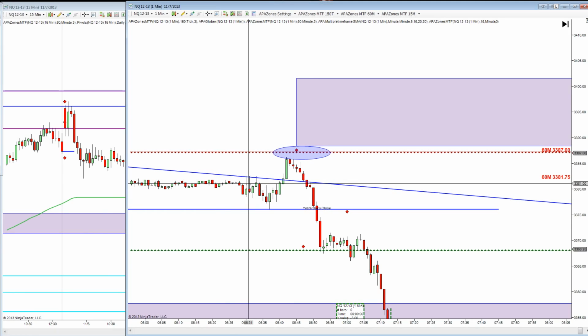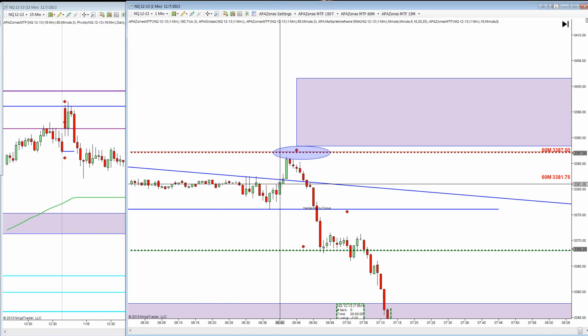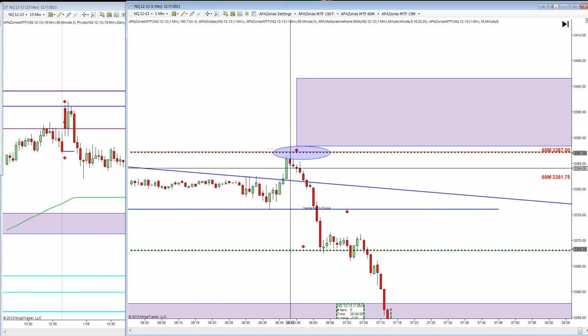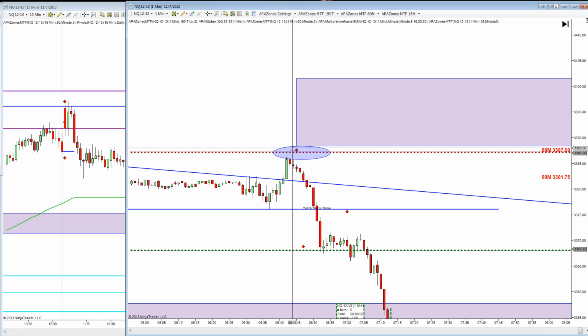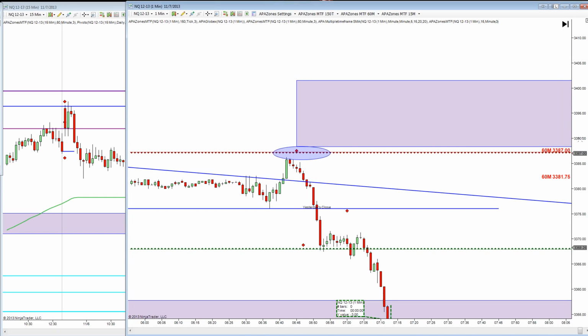This big candle wick represents selling pressure, and it goes down a little bit, all right? But comes back up, retests our Globex high. Not a whole lot of wickage on that, but there's a little bit there.